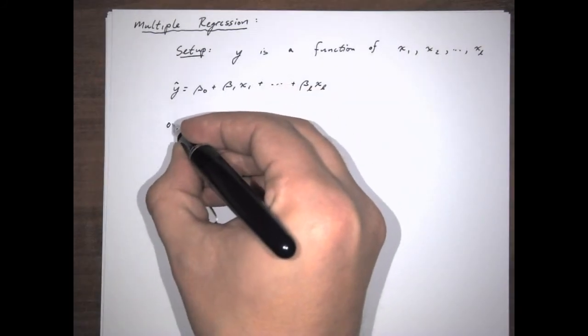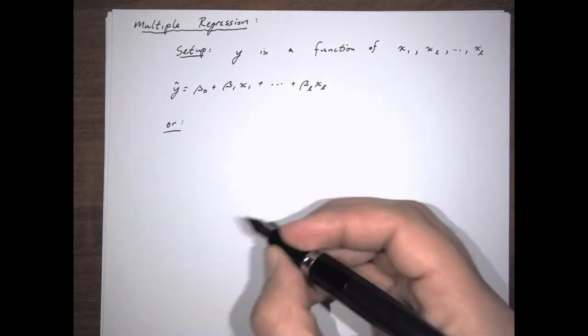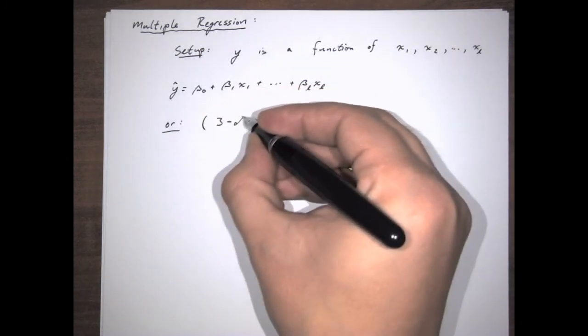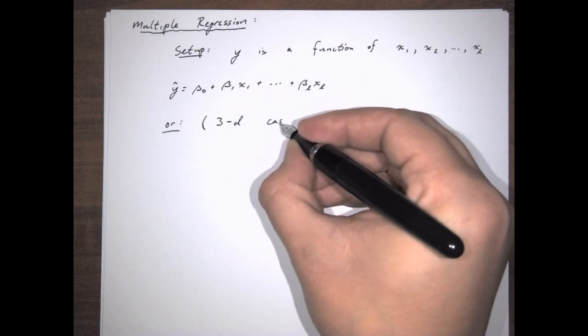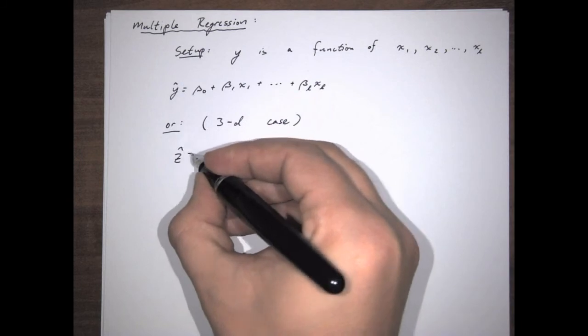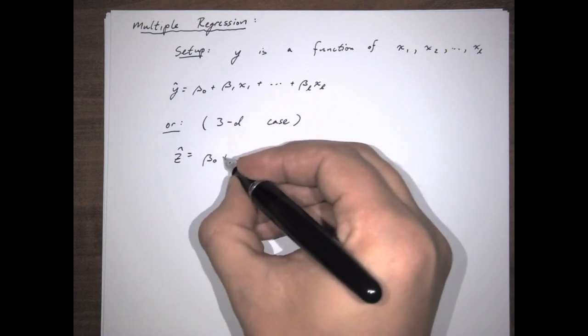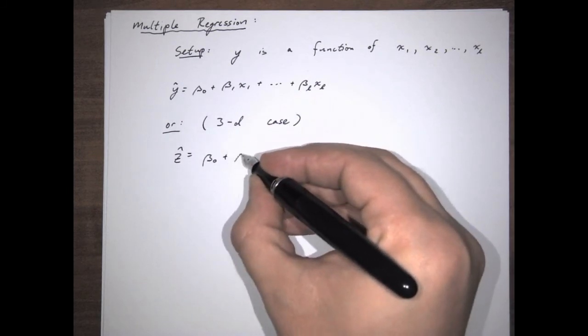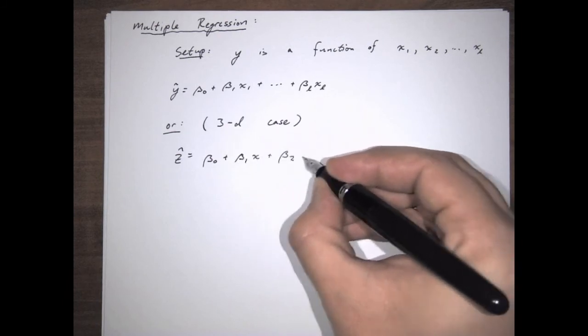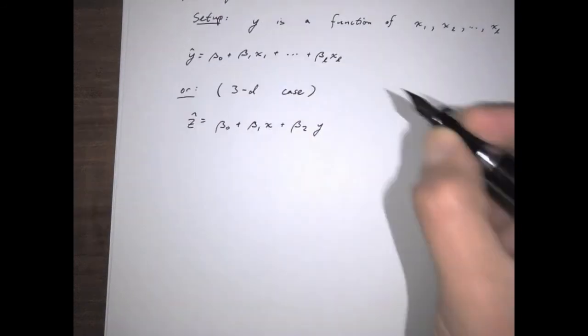Or we might, if we're talking about specifically the 3-dimensional case, just say z is equal to beta naught plus beta 1 x plus beta 2 y.